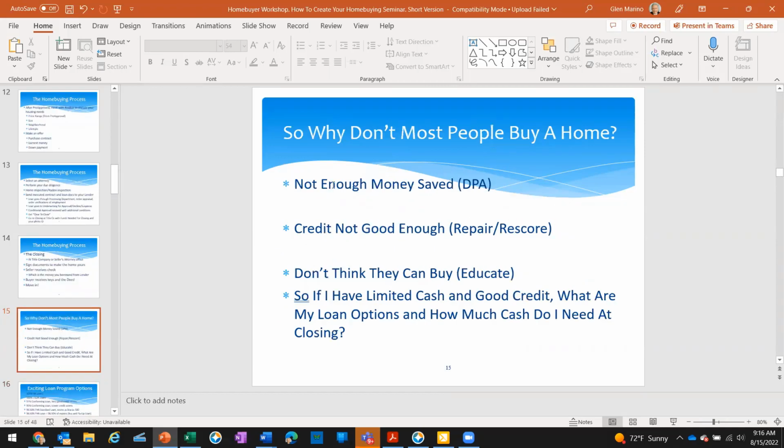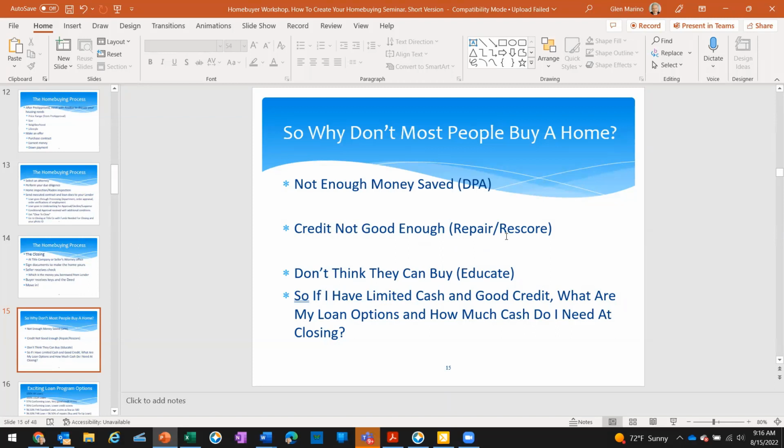Well, there's not enough money that they've saved. So we're going to talk about down payment assistance that's available to you through the realtor, through the lenders that are in the program. Why don't most people buy a home? Because their credit's not good enough. Well, if it doesn't meet the minimum requirements, there's something called credit repair, credit rescore.